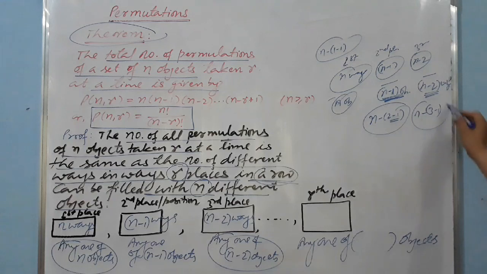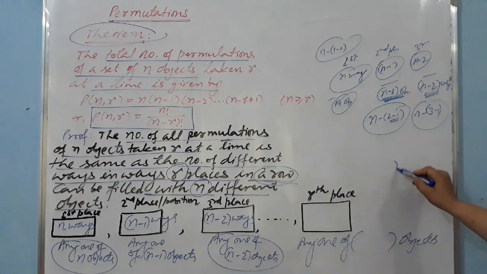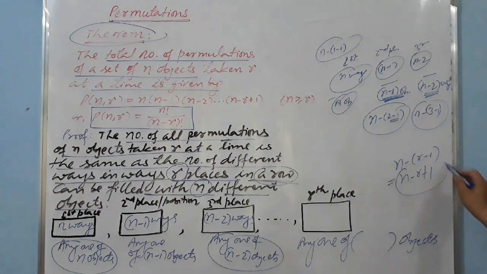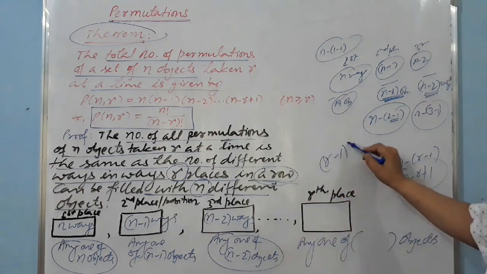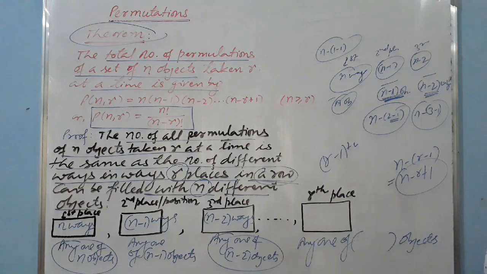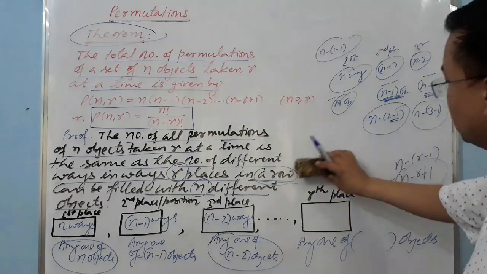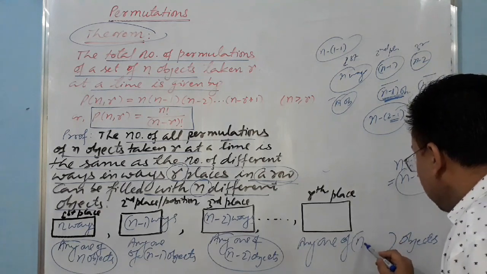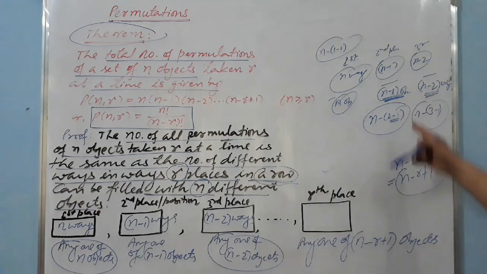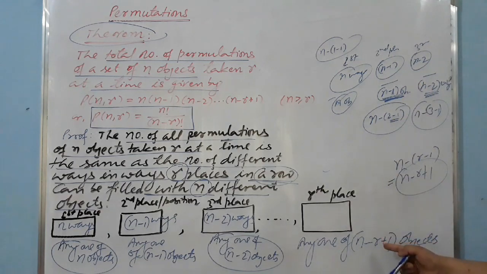All right, so similarly, if it is the rth place, then n minus (r minus 1) is equal to n minus r plus 1 objects. So having filled up r minus 1 positions, we are left with n minus r plus 1 objects. Here I have told how we got n minus r plus 1 objects.